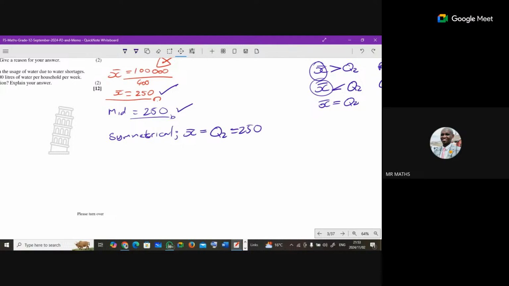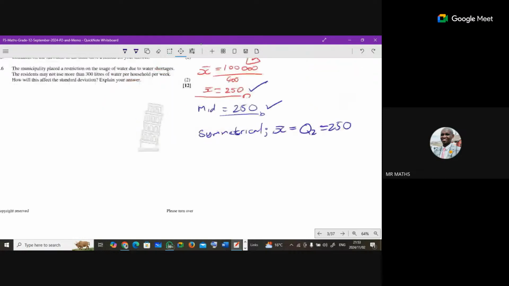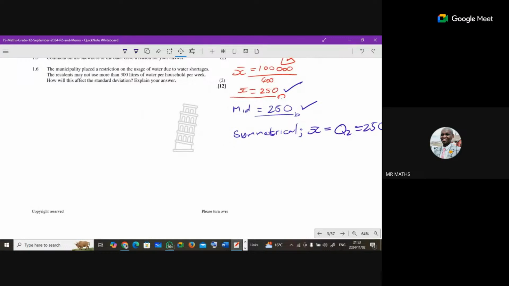Okay. Then they will ask the last question. We know we take all the 12 marks with us. But the municipality placed a restriction on the usage of water due to water shortage. The residents may not use more than 300 litres of water per household per week. How will this affect the standard deviation? Explain your answer.